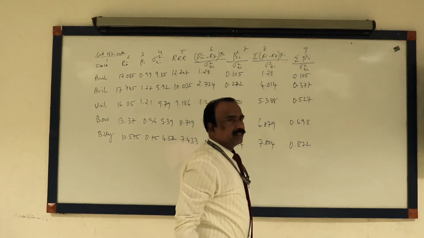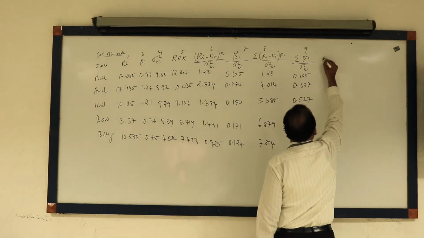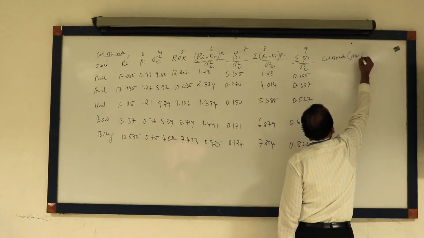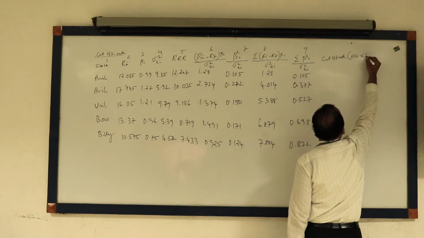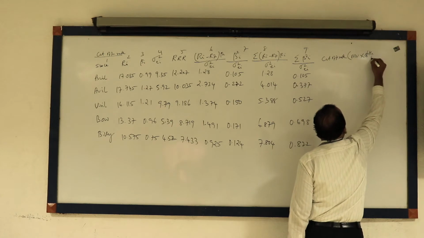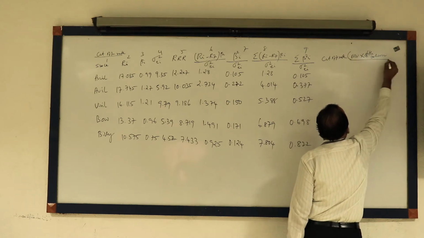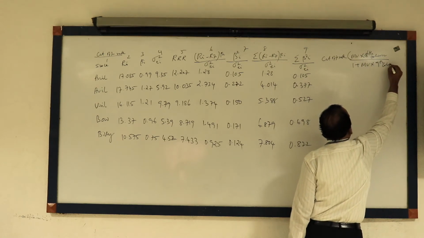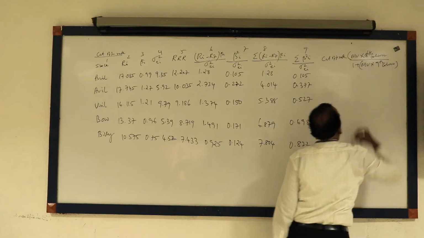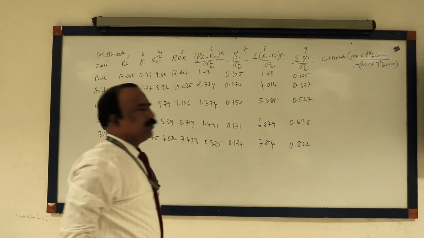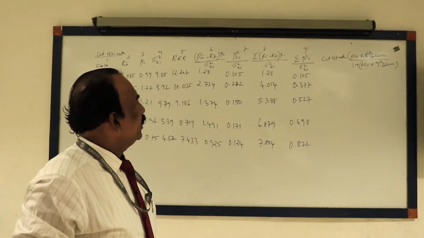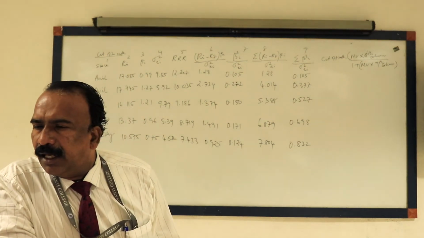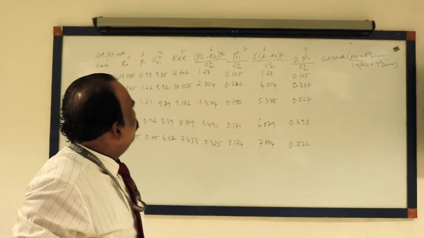So market variance. The cutoff rate is equal to market variance into eighth column divided by 1 plus market variance into ninth column. That is, market variance is 10%.